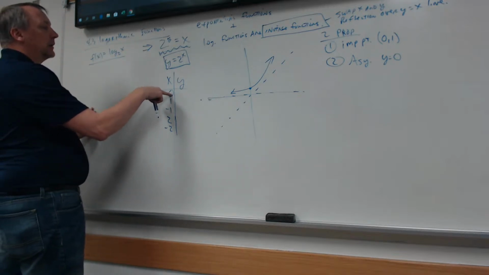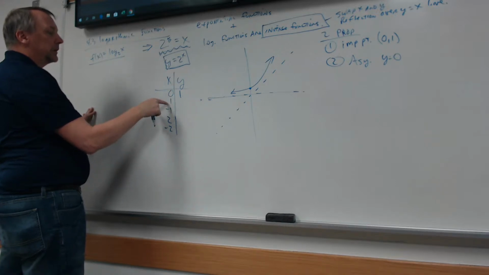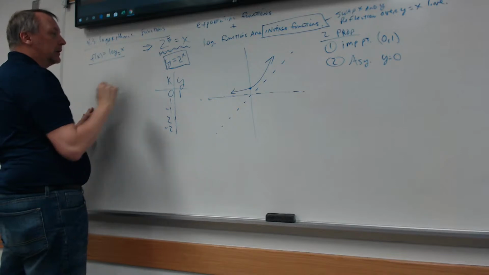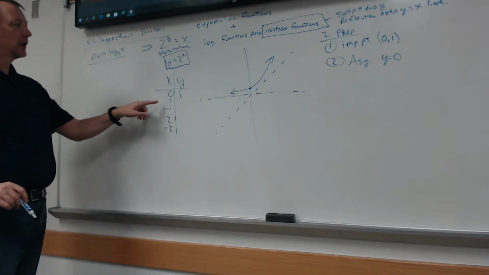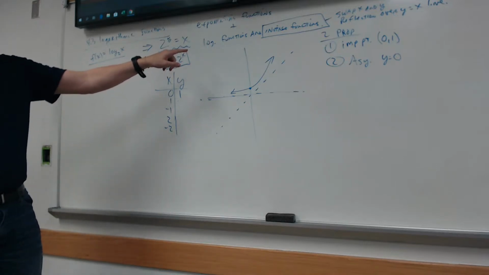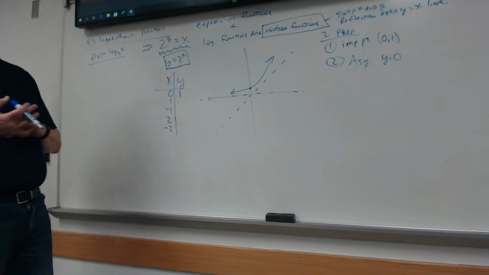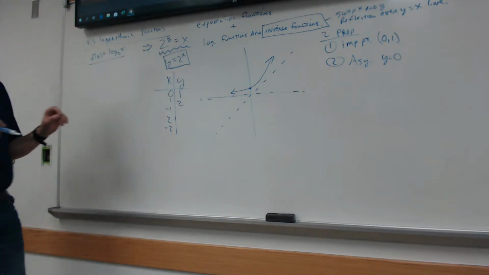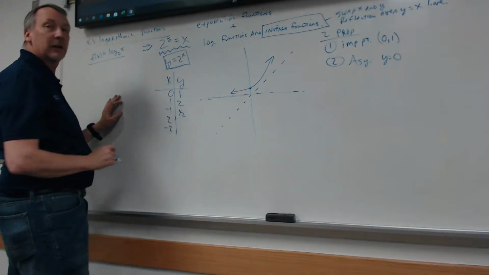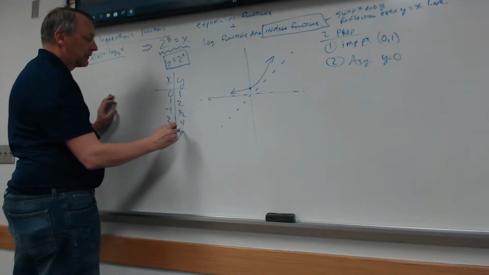So x is 0, y is 1. X equals 1, y equals 2 to the first power, 2. 2 to the minus 1 power? 1 half. 2 squared? 4. 2 to the minus 2? 1 fourth.